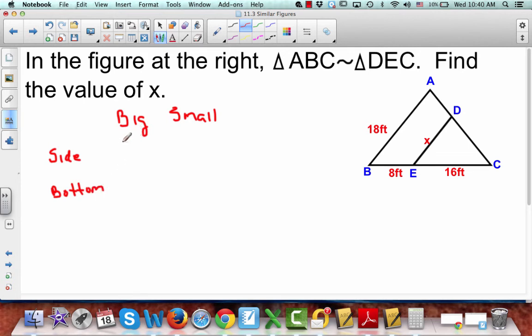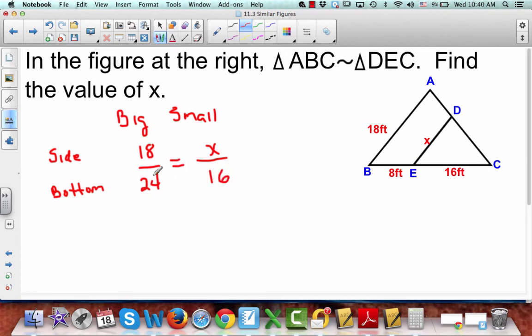So, in the big triangle, what is the side value? Right, 18. And what is the bottom? Well, the bottom is all the way across here, so don't make the mistake of not adding these together. So that would be 16 and 8, so it would be 24, is equal to, what's the side of the small triangle? X. And what's the bottom of the small triangle? The bottom is just from here to here, so it's 16.